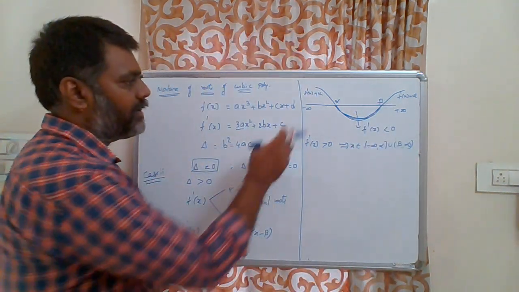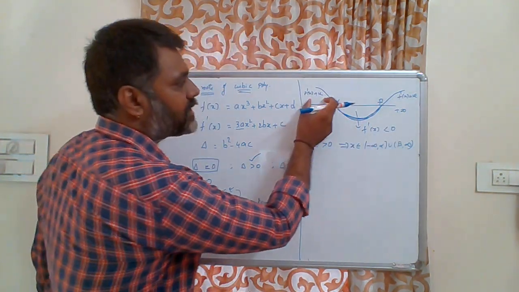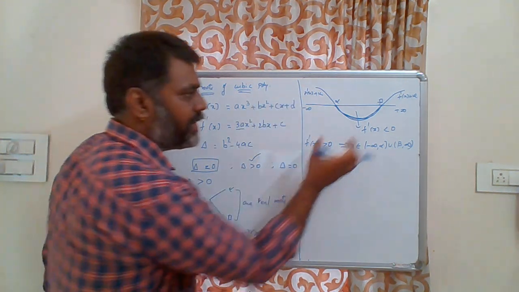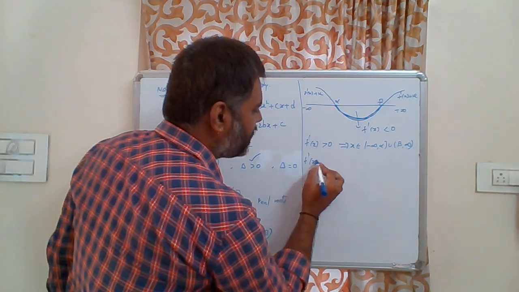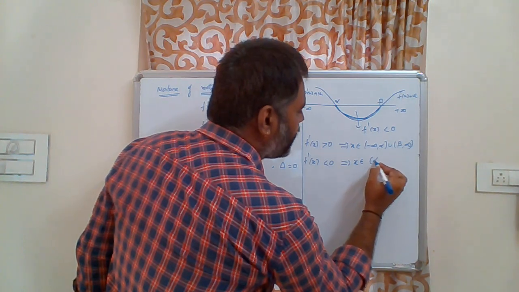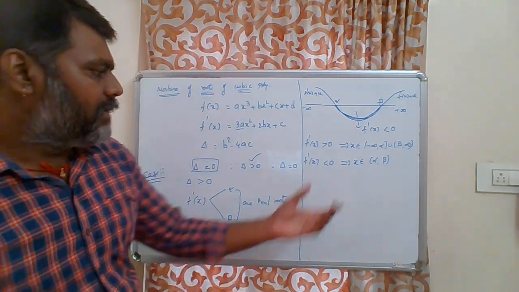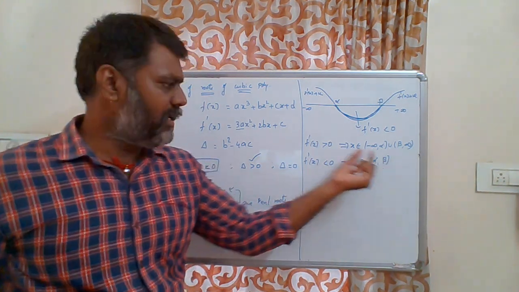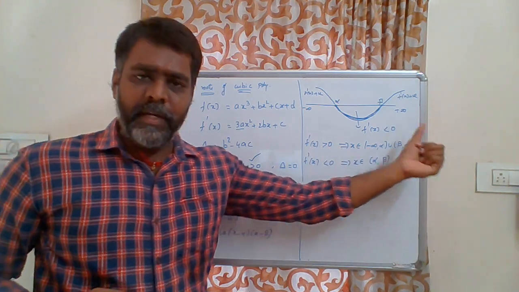In these two intervals, f dash of x is greater than 0. Next, in this location f dash of x is less than 0. Less than 0 means what is the interval? That is the open interval alpha comma beta. So f dash of x less than 0 means x belongs to the open interval alpha comma beta, and f dash of x greater than 0 means x belongs to minus infinity to alpha union beta to infinity.